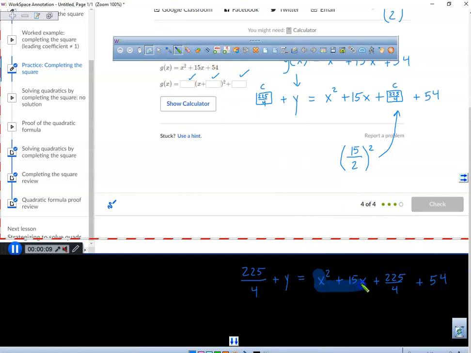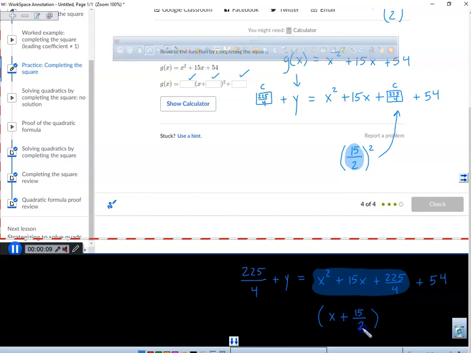It's really not. Because this part right here, we are going to factor. So I want you guys to understand, the secret to factoring this is the number 15, whatever half that number is, watch what we do. We just put open parentheses and we put x plus 15 over 2 squared.